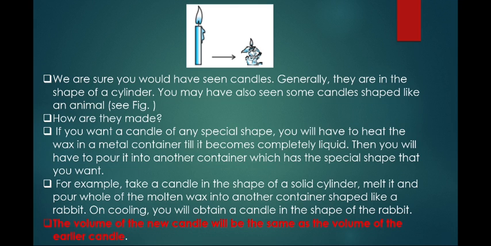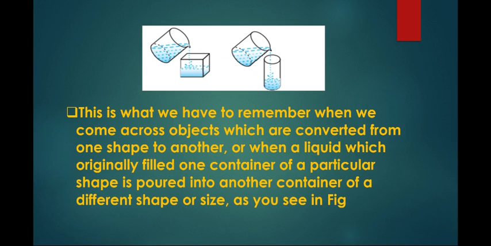Okay, from this example, you can say that the volume of the new candle will be the same as the volume of the earlier candle. So here you are converting a cylindrical candle to a rabbit looking candle. This is what we have to remember when you come across objects which are converted from one shape to another, or when a liquid which originally filled one container of a particular shape is poured into another container of different shape or size, as you can see in the figure.